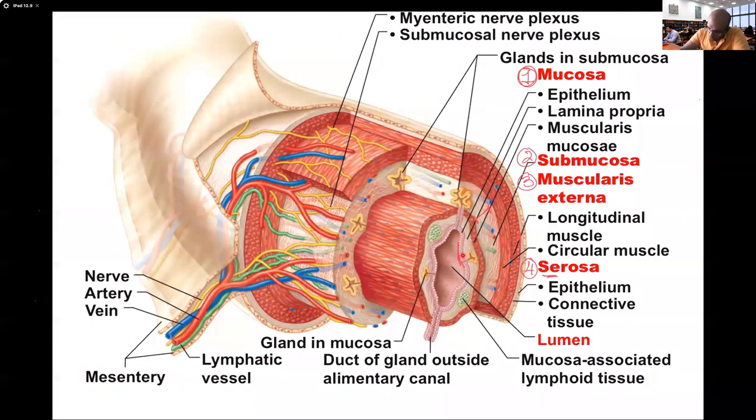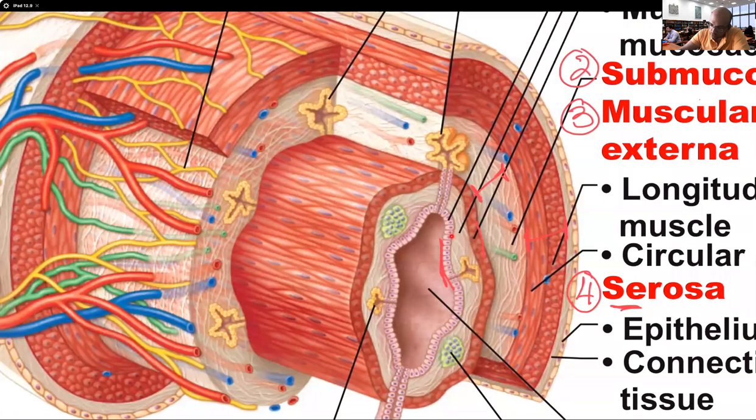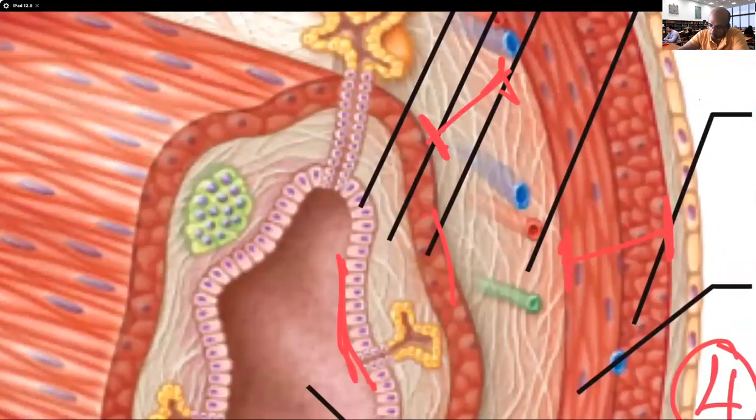So if we're looking closer at the structure of the mucosa, we're going to see that the mucosal lining of the gastrointestinal tube is going to be formed of a layer of epithelium. And if you remember, the type of epithelium that lines the gastrointestinal tract from the stomach to the anus is going to be a simple columnar epithelium. Underneath any epithelium, we've got a layer of connective tissue to support this epithelium.